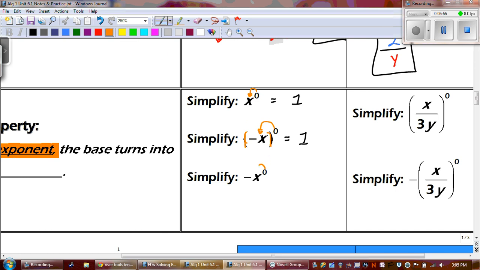So remember, whatever is directly in front of my negative is not directly in front of. That's why there's a difference between the middle one and the last one, okay? So that negative sign stays there, but x, which is the base, turns into 1. So now it's just a negative 1.